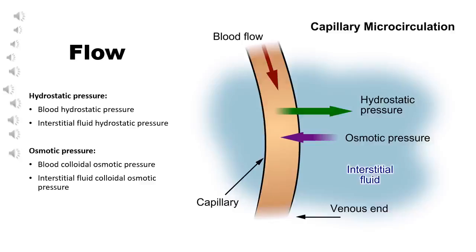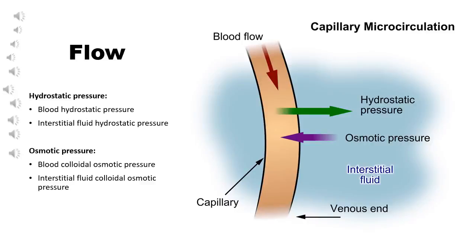Another fact that we can observe is that the blood oncotic pressure is always, or almost always, going to be higher than the interstitial colloid oncotic pressure, because the interstitial colloidal oncotic pressure is almost always super low. The interstitial fluid contains very few proteins, and as we said before, proteins are too large to readily diffuse across the membrane.